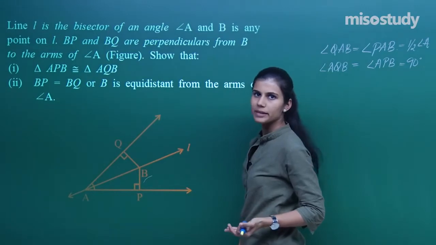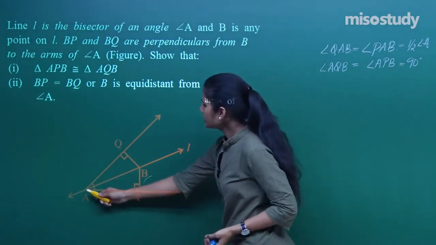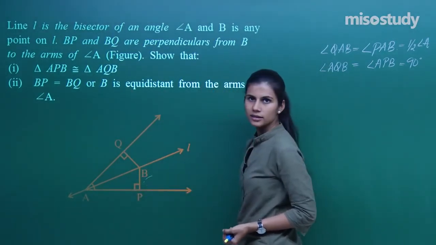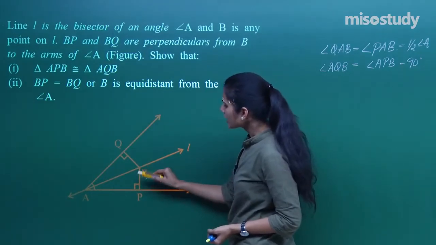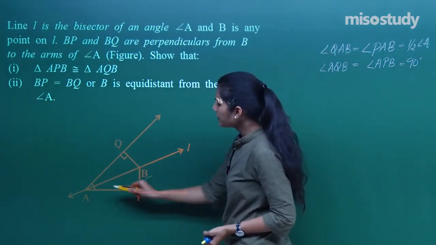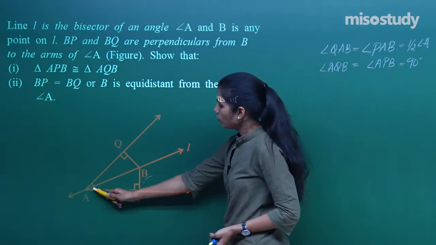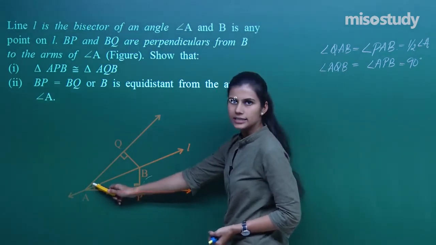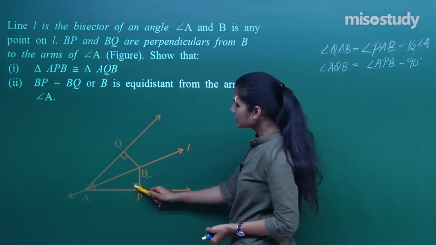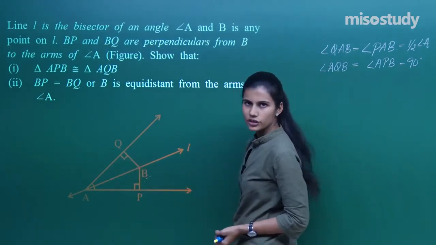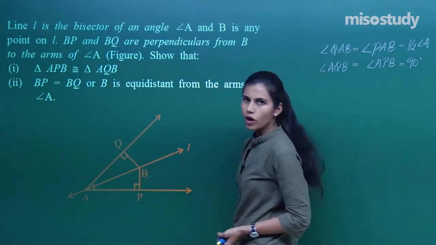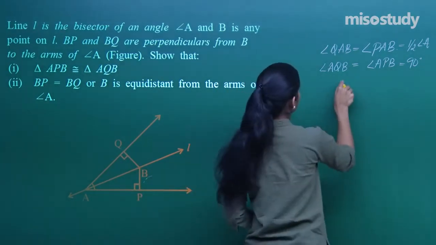Also you can see AB is same as AB. Obviously if I talk about triangle BQA and BPA, one angle is this here and one angle is this here which are equal. One angle is this here 90, one angle is this here 90 which are equal, and this side AB is common, so obviously it is equal.